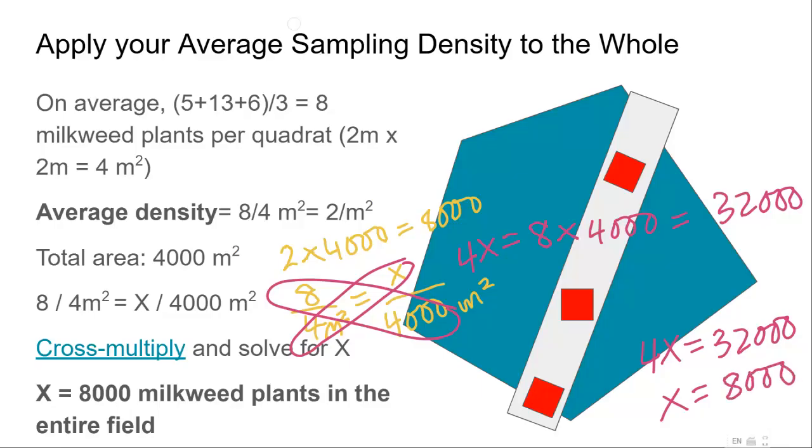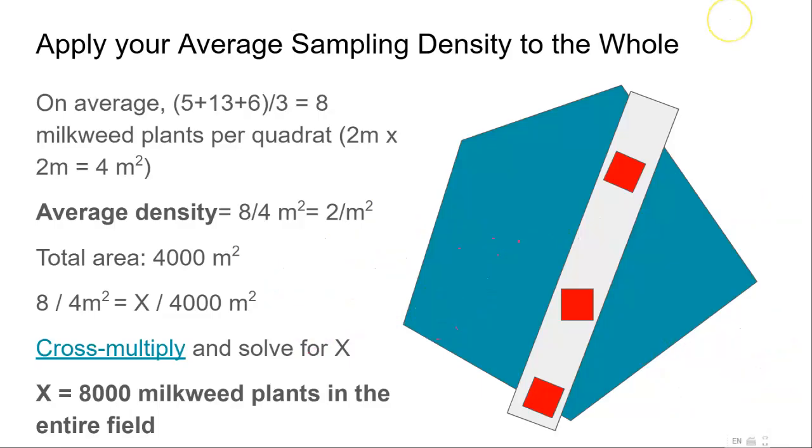So we would have 8,000 milkweed plants over 4,000 square meters. Hopefully that made sense. We have a bunch of other problems that you can try out on your own. Let us know if you need more help.